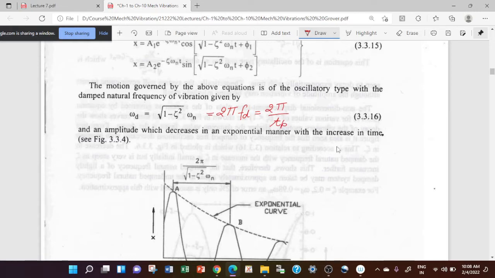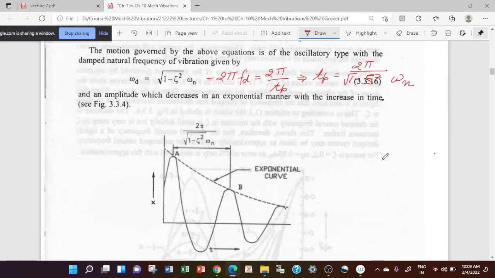So from this you get the time period given by 2 pi upon square root of 1 minus zeta square into omega n. This is basically shown here in this figure.